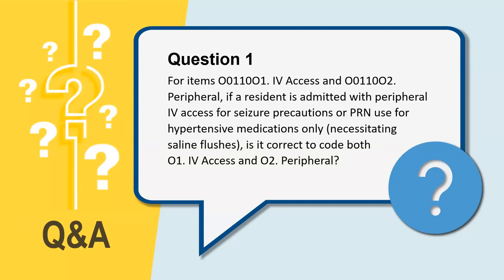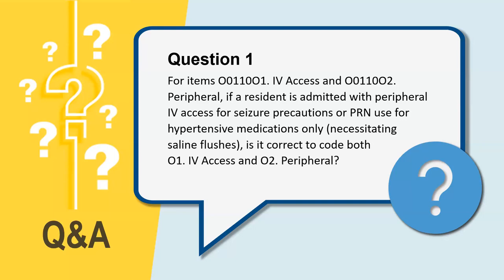Yes, IV access refers to a catheter inserted into a vein for a variety of clinical reasons, including long-term medication administration, large volumes of blood or fluid, frequent access for blood samples, IV fluid administration, TPN, or in some instances, the measurement of CVP.